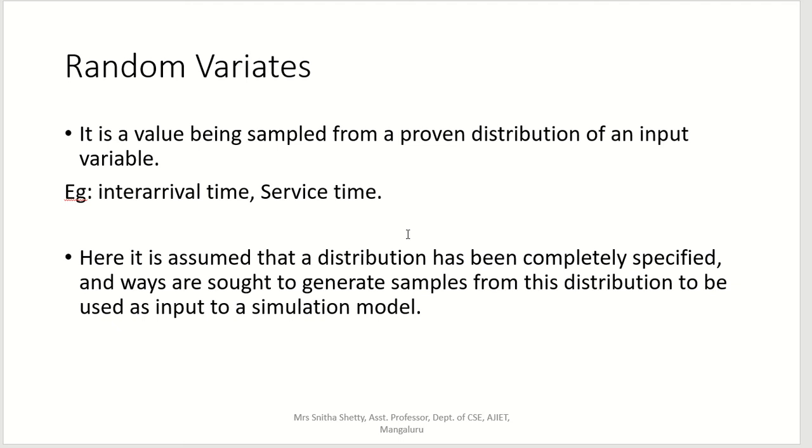We conduct tests for these: the Kolmogorov-Smirnov test and the chi-square test check the uniformity property, and the autocorrelation test checks the independence property. Similarly, the random variate should satisfy some distribution. Here it is assumed that the distribution isn't completely specified.